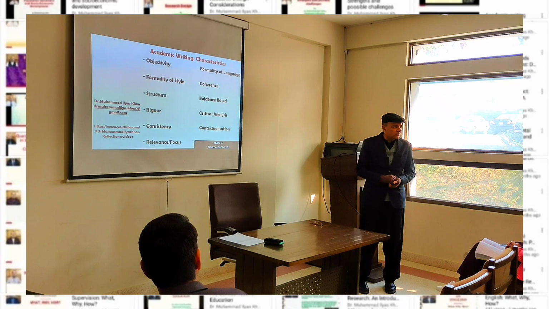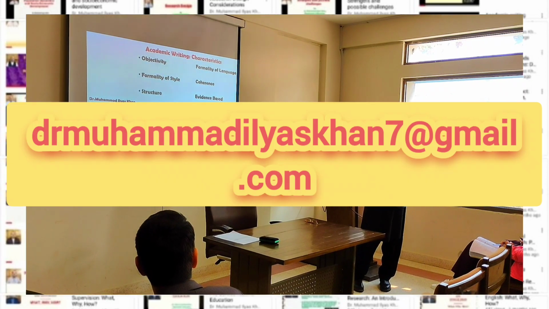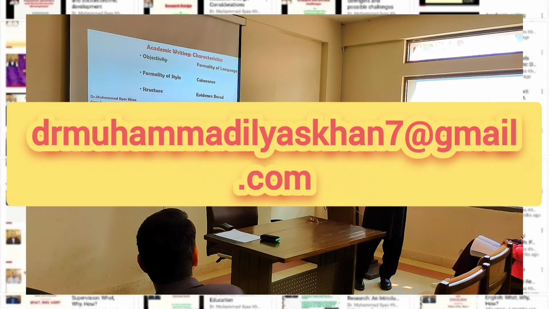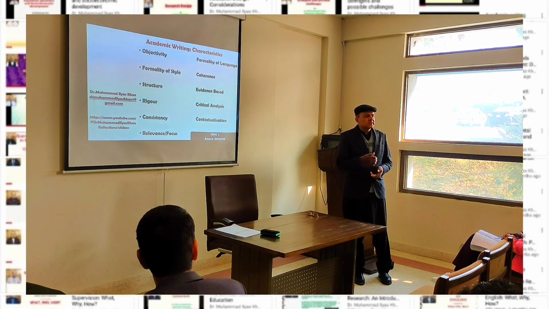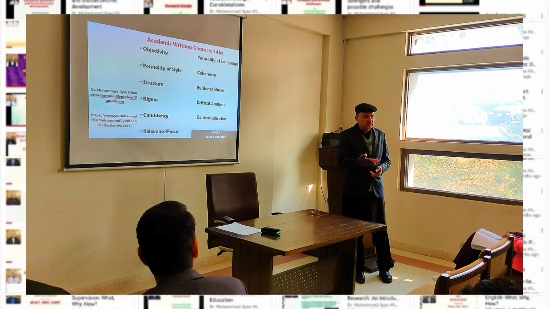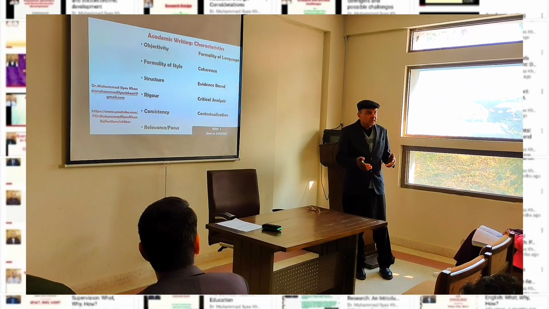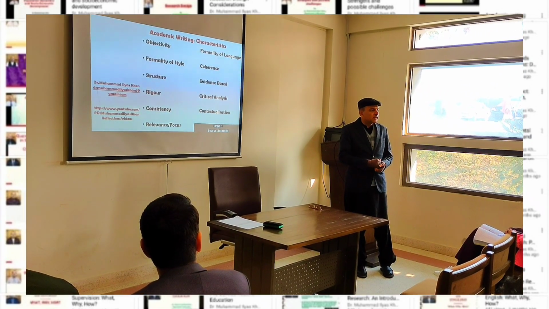So triangulation is one of the ways in which you can bring rigor into your academic undertaking. Similarly, peer review or peer validation is also a form of bringing rigor into your data and into your data analysis.